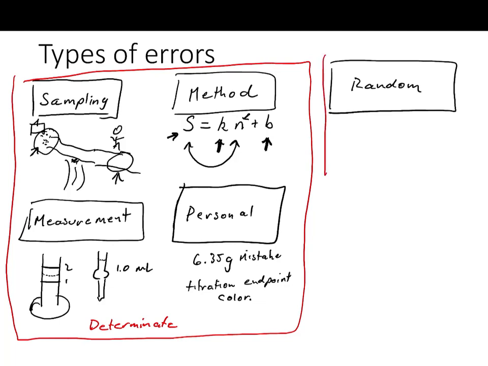The one that we have over here is indeterminate, because we can't do anything about it. It's going to be there whether we like it or not. We won't be able to minimize it below a certain value, and so we're stuck with that.